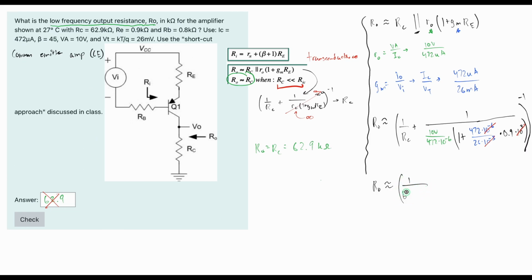RC is 62.9 times 10 cubed, plus the 1 over, we have 10 over the 472, so that's going to be like this, times the parentheses of our 1 plus 472 times 0.9 divided by 26. This is all being raised to the negative first power.